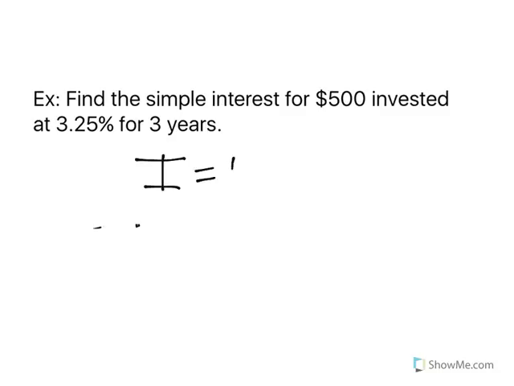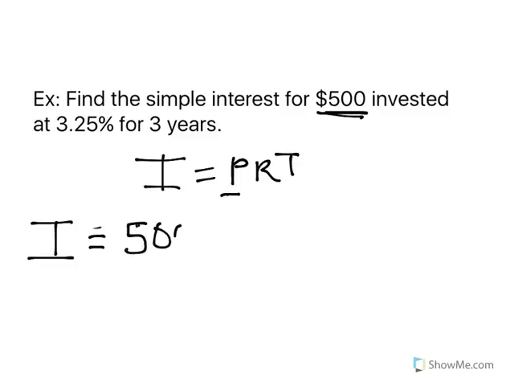I equals P, R, and T. So we're solving for interest, so we're going to leave that I there. And so our principal is $500. That's what we started with. So we put $500 in. And the rate that we're gaining the interest is that 3.25%.